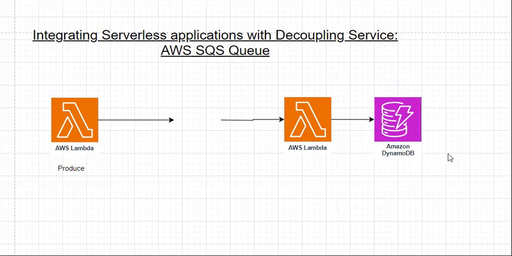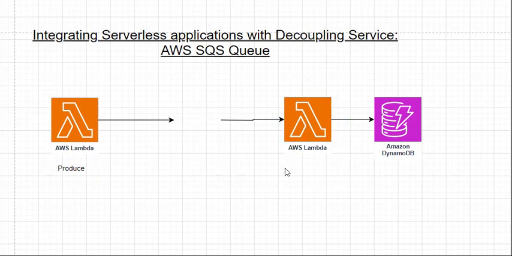Now I am searching for an AWS decoupling service that needs to take the messages from my producers and push the messages into my consumers.